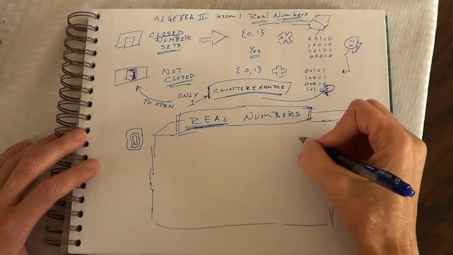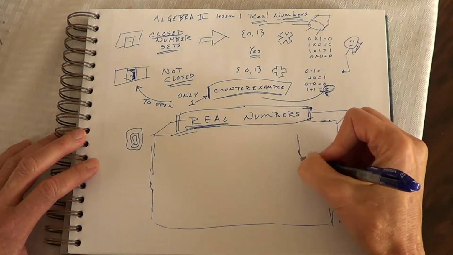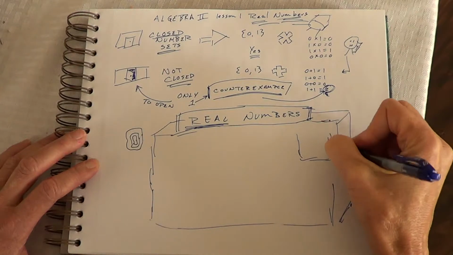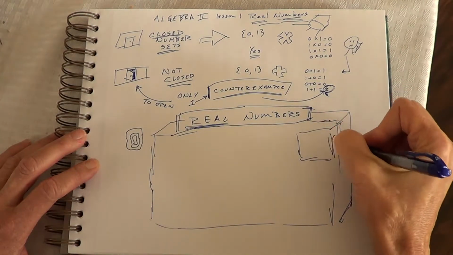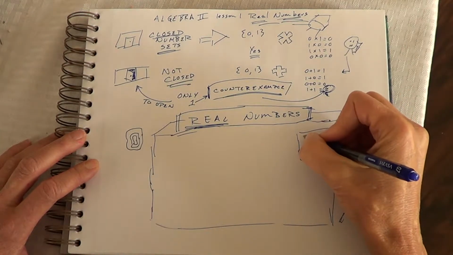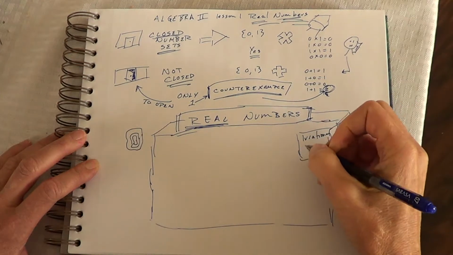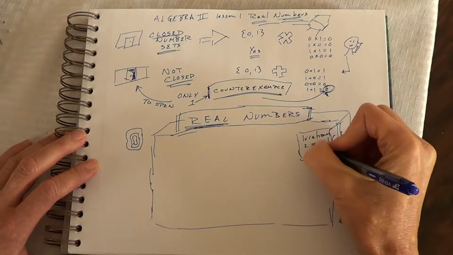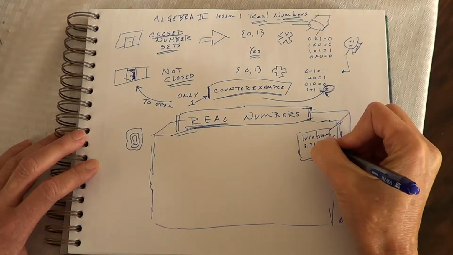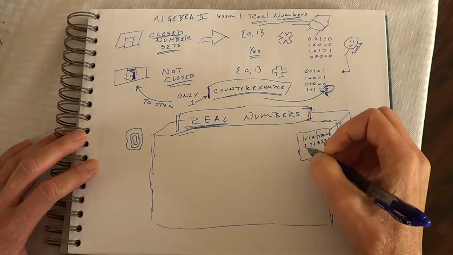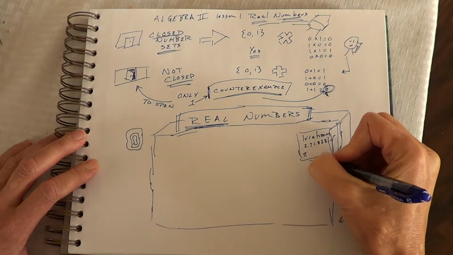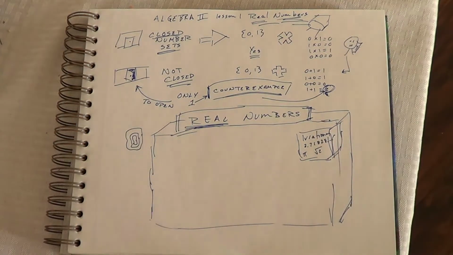Now, inside of this big box is a little box off to the side. In this little box are the irrational numbers. And inside of there are the decimals that go on and on forever without any kind of a pattern. Pi, and a radical that's not a perfect square.